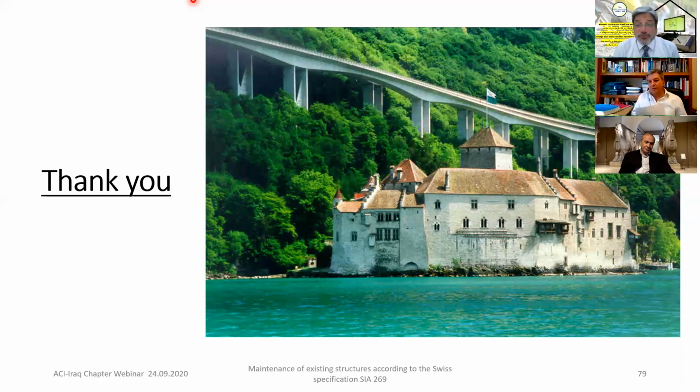For the actions there is no difference, but for an existing structure we have to actualize it for the actions of nowadays, now and here. So you don't need to search for the older part.